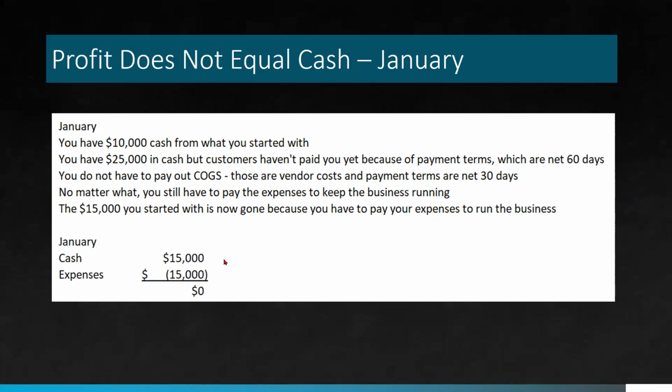So let's take a look at that. So you started with $15,000 in cash, and your operating expenses are $15,000. So now you end up with zero. Well, what about the $25,000 of product that I sold to my customers? Well, yes, you did sell them, but they haven't paid you yet, right? So you don't have that cash in your pocket.